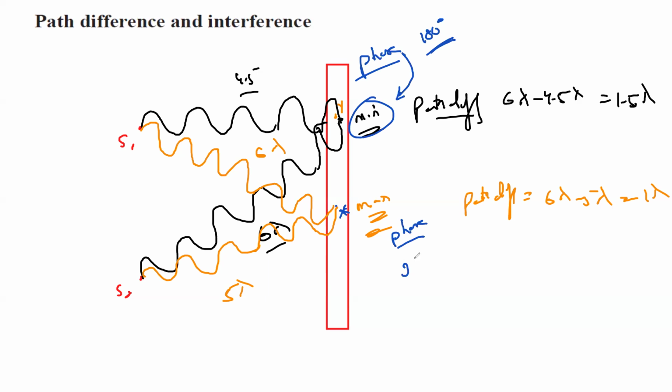The phase difference will be either 0 or 2 pi radian, 360 degrees. For a complete constructive interference, the phase difference can be 0 or 2 pi radian, and for a complete destructive interference, the phase difference is 180.